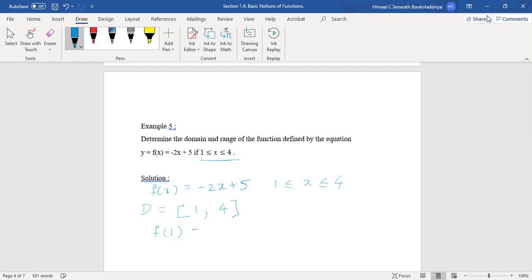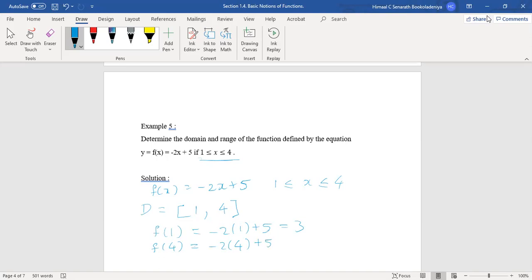f of 1 is equal to negative 2 times 1 plus 5, this is 3. On the other hand, when we substitute 4 there, it is negative 2 times 4 plus 5.